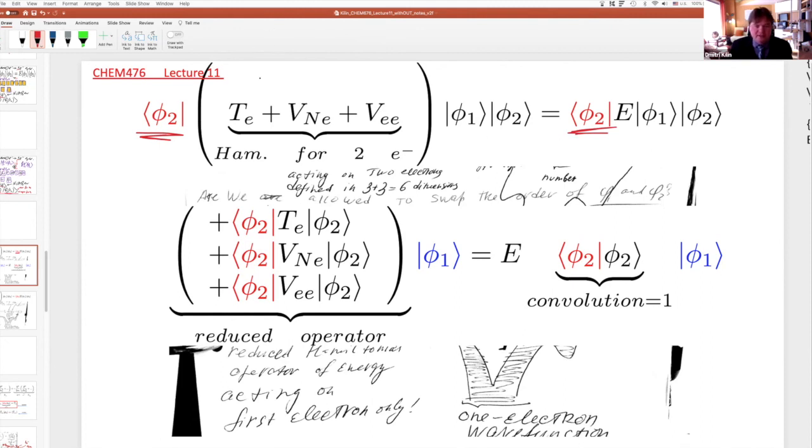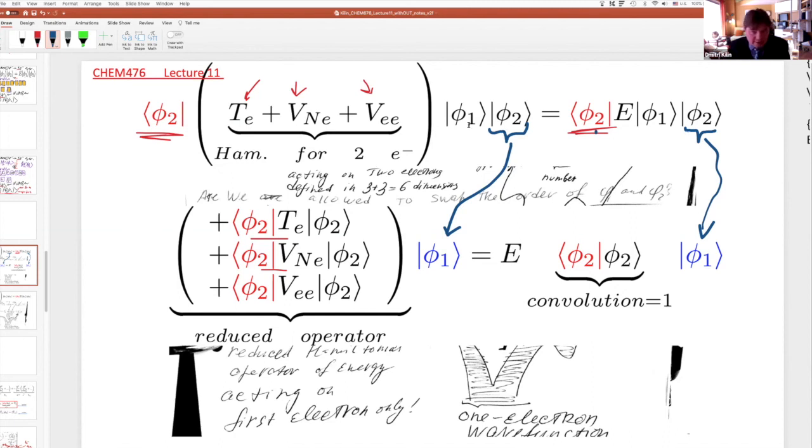Then, since the electronic Hamiltonian has 3 terms, we can apply this partial average to each of them, but keep electron number 2 away as an independent variable object.